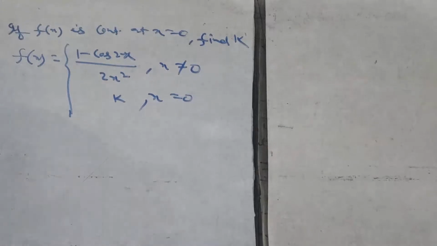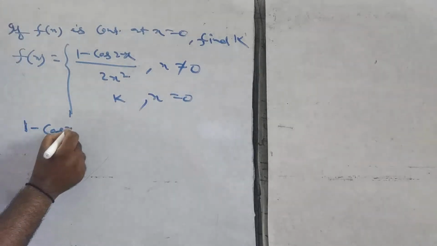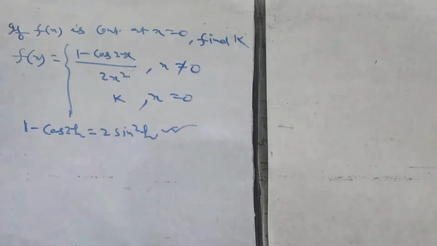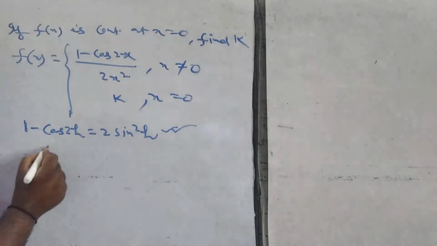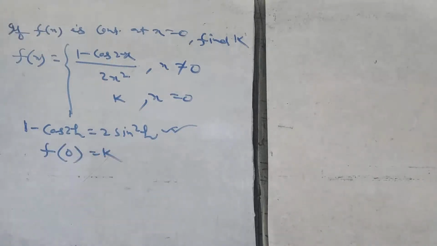So in this question, what is required? You must know that 1 minus cos 2h is 2 sine square h. This is the formula. So what is the value of f(0)? It is equal to k.